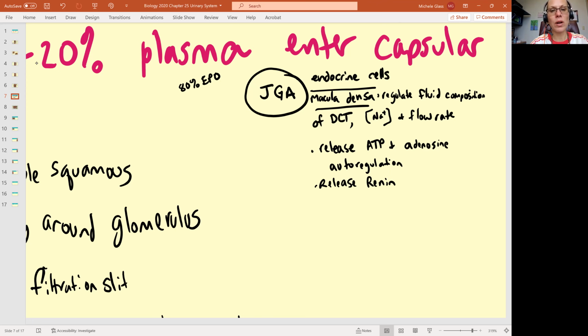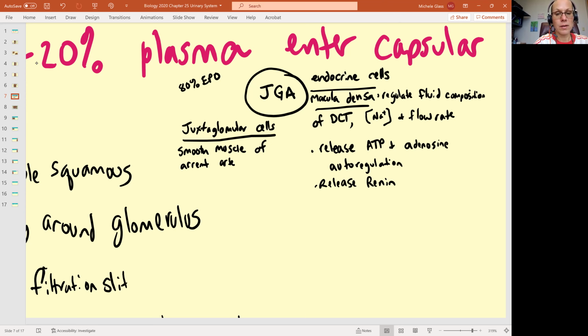We also have, as part of the juxtaglomular apparatus, a group of cells called juxtaglomular cells. And the juxtaglomular cells are going to be actually smooth muscle of that afferent arteriole, which can either constrict or dilate as needed.